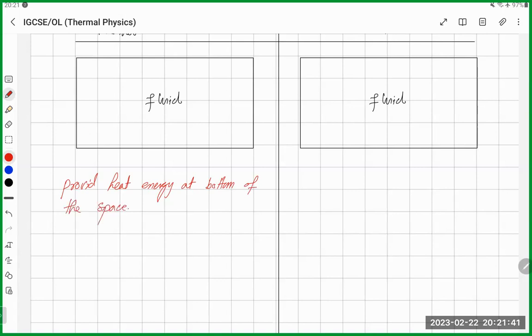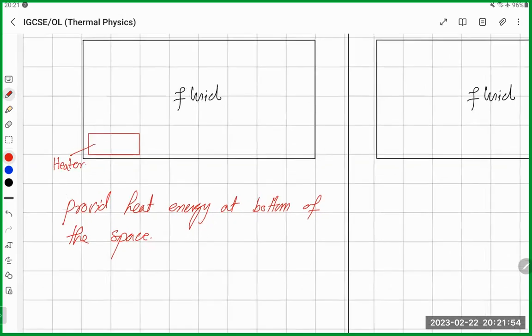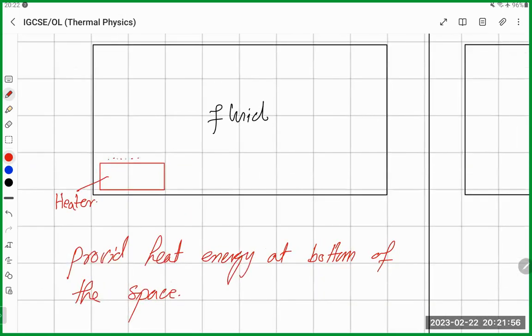So what we do is we put a heat source here. So this is a heater.